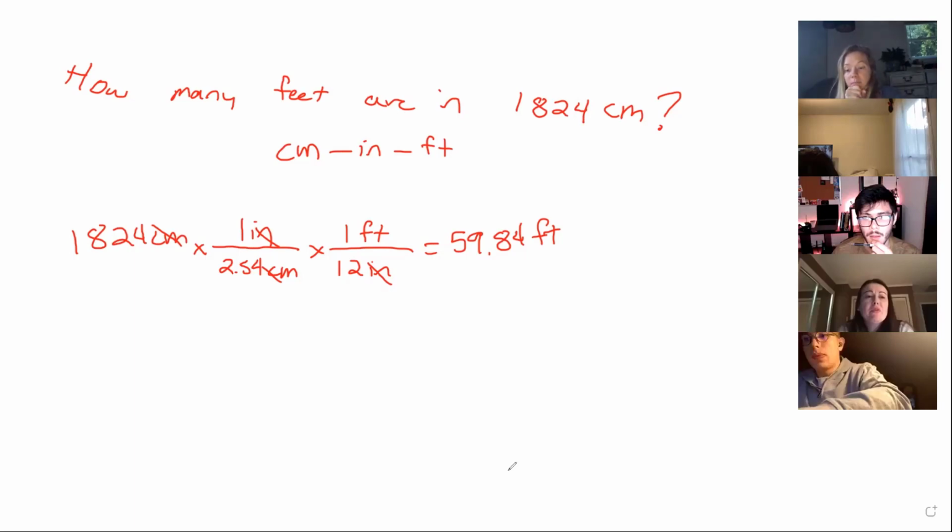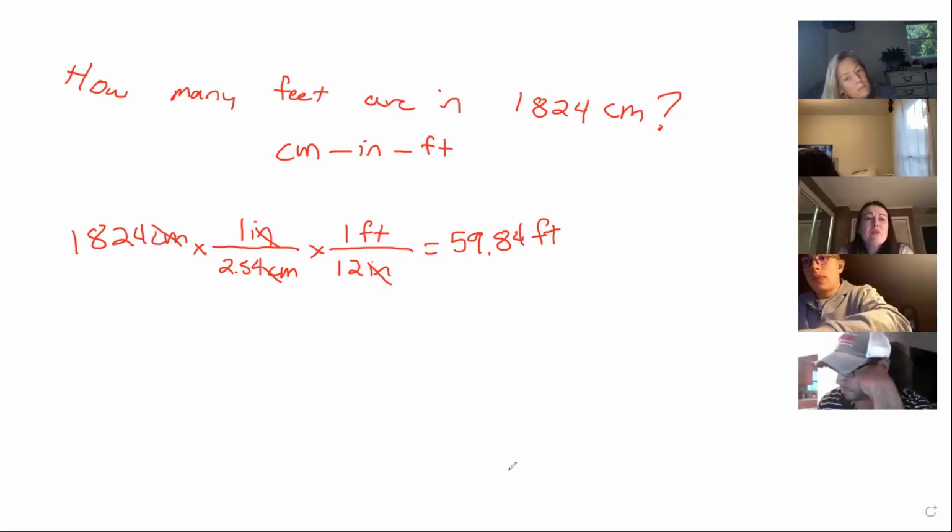Other questions? I had a question when it comes to rounding numbers. Okay. Let's say we have a number that ends in 4, like the answer in this last problem, 59.84. If they just ask you to round, you could leave it as 59.8.